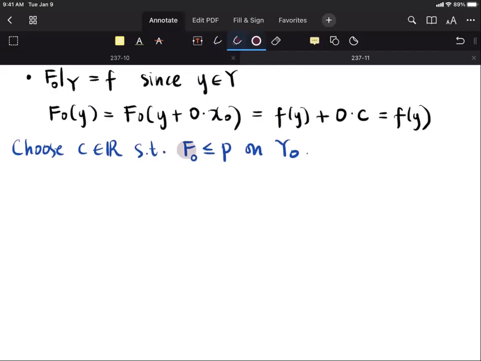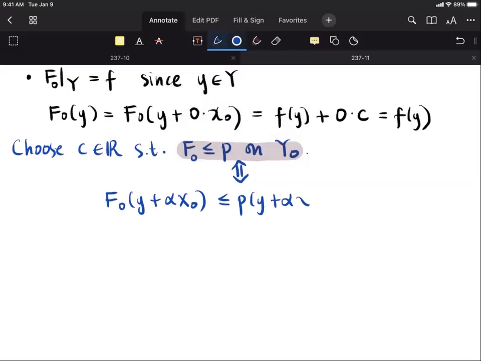So this inequality, or this statement here, is equivalent to the following: f naught of y plus alpha x naught is less than or equal to p of y plus alpha x naught for all y in capital Y and for all alpha in R.